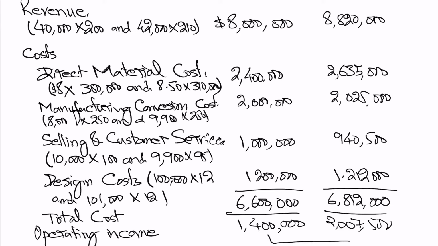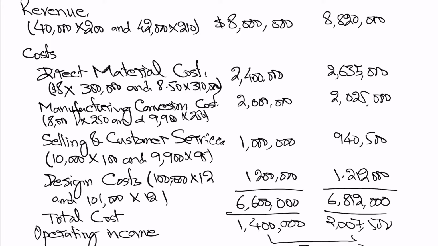The difference between these two, we call it favorable because it's increasing, and that's $607,500 favorable, right?